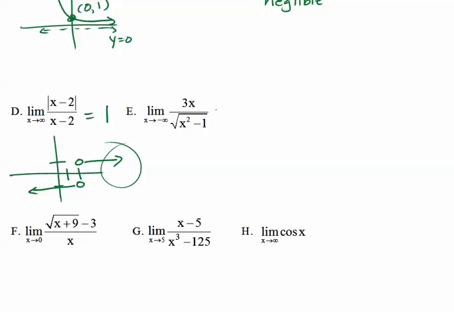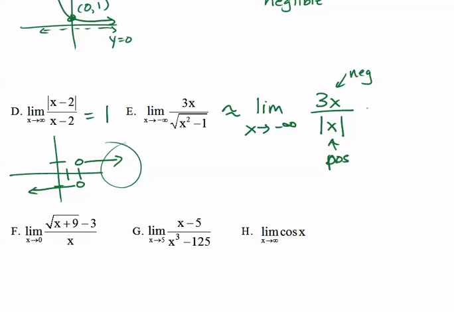And here, when we have the square root of x squared, we can think of this as the limit as x goes to negative infinity of 3x over approximately the absolute value of x. So the trick here is to notice that the numerator will be negative, but the denominator will be positive. So our limit is going to be negative 3/1.